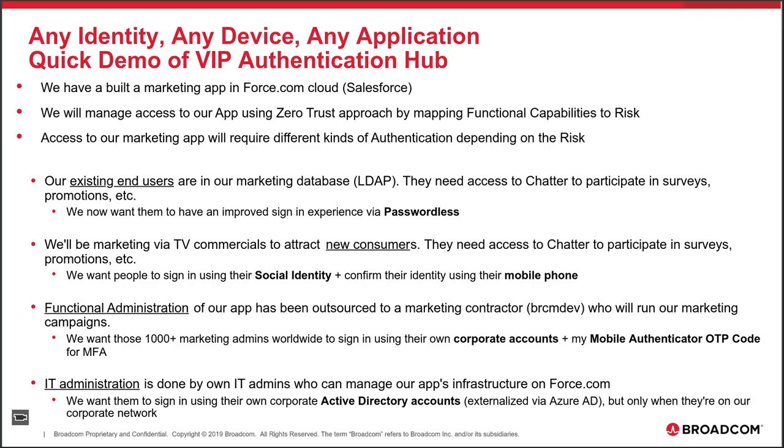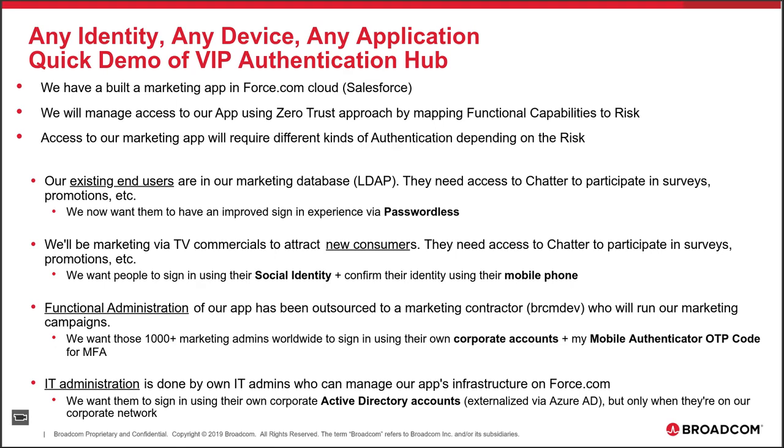Now, we also outsource functional administration, right? This is a modern app, so I don't want to be hiring people or putting together a team to do this. There are marketing organizations out there that do this best, and we've outsourced the functional administration of this marketing app and marketing campaigns to a marketing contractor, right? We just call it BRCM Dev contractor. They will run our marketing campaigns, and there are people all over the world.